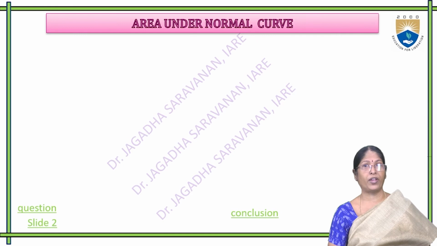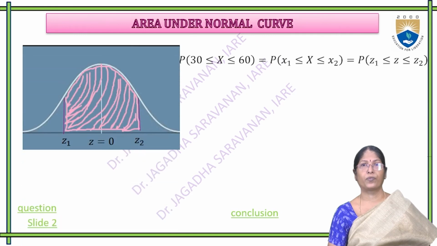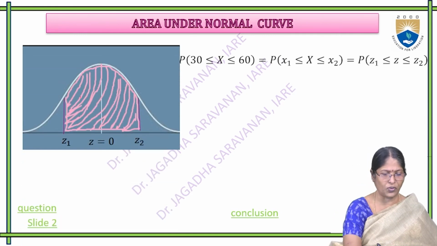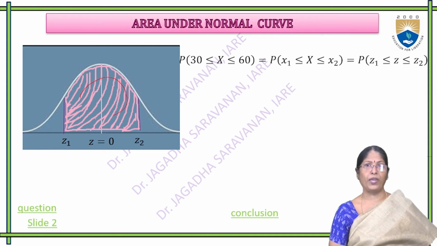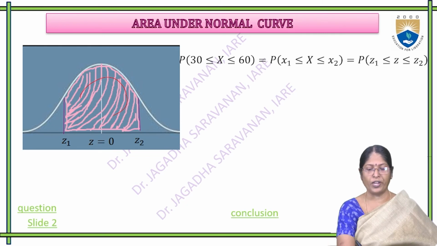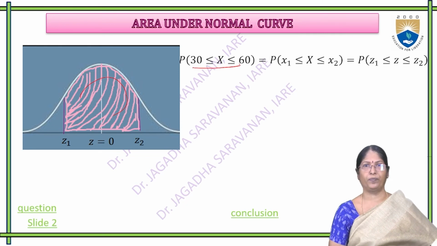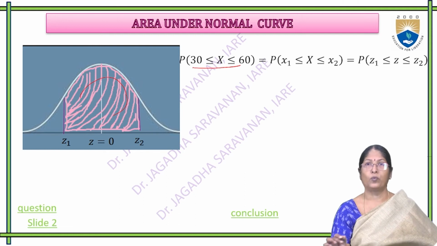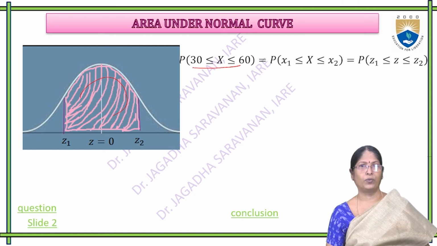We will move to the fair diagram now. Yes, this is the shaded part, the pink color which is there. That is the only area to be found according to our question. What is the formula we have to use? Very simple one.